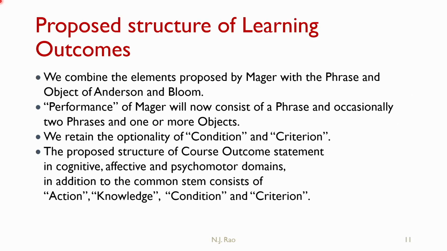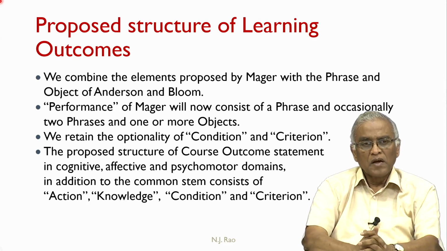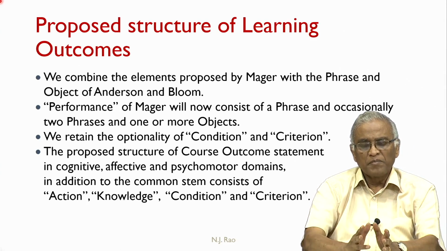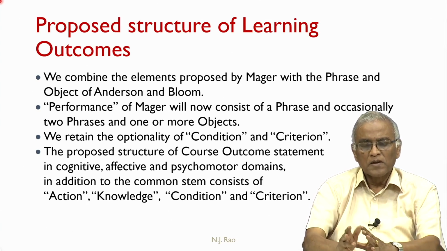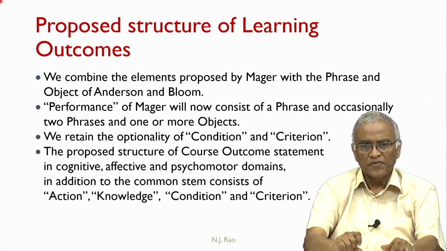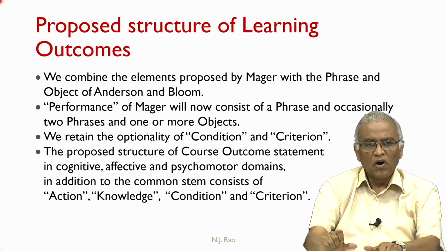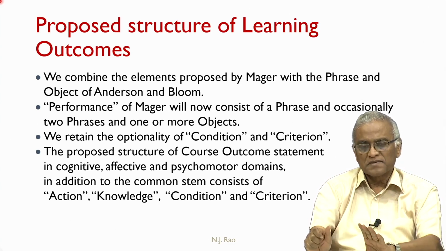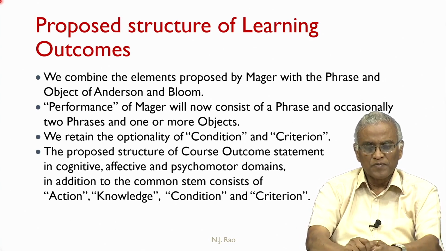So what we are proposing is a structure of the learning outcome by combining the elements proposed by Mager with the phrase and object of Anderson and Bloom. We will replace the word performance of Mager with a phrase, and occasionally 2 phrases, and 1 or more objects, if you want to talk in the language of Anderson and Bloom.